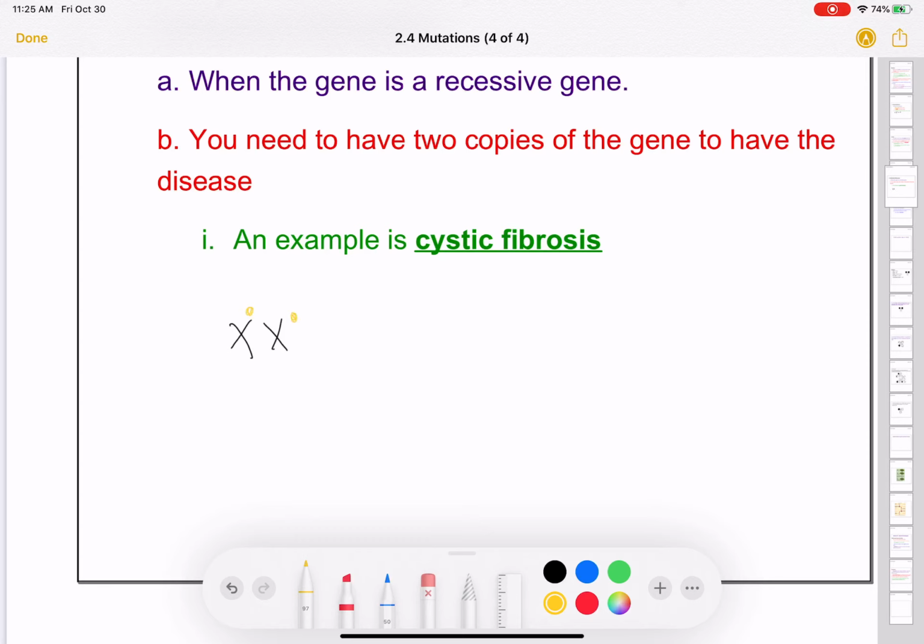So I'll make this yellow. So this person would have the disease, whereas someone who has one of them would just be a carrier. Okay.